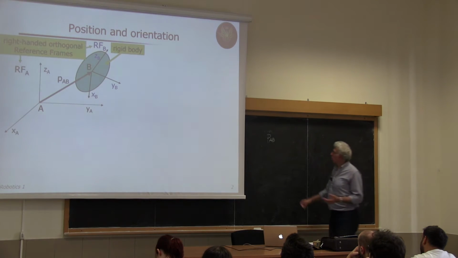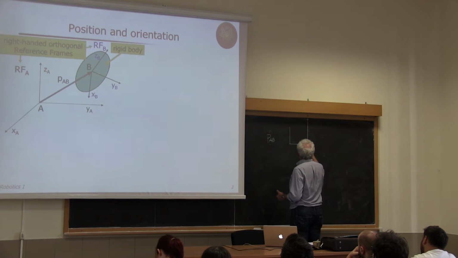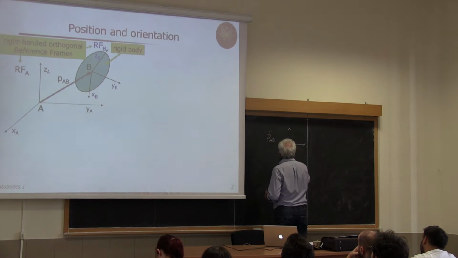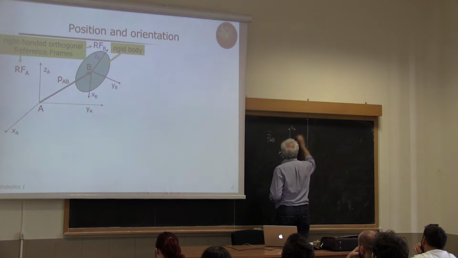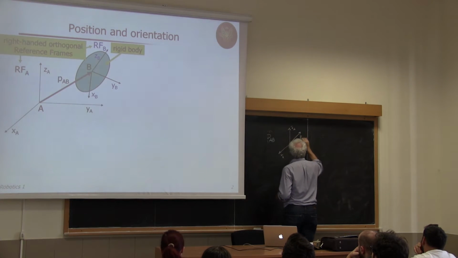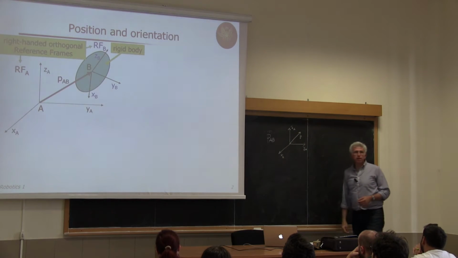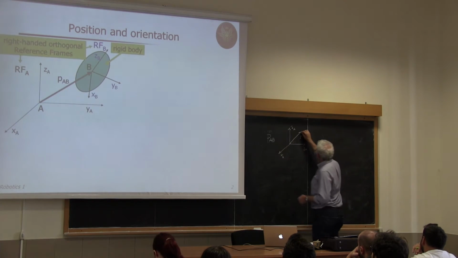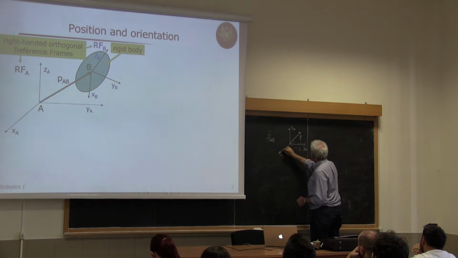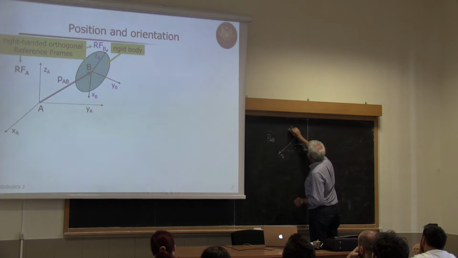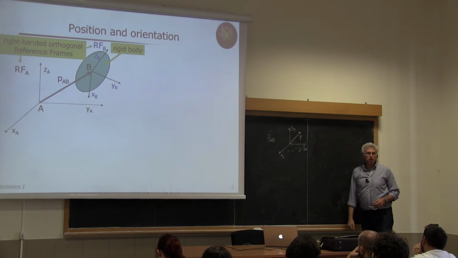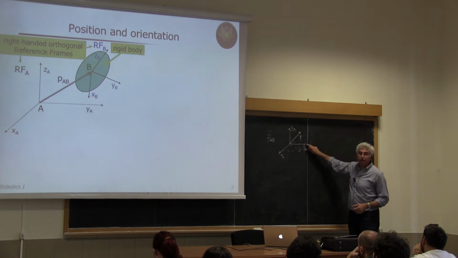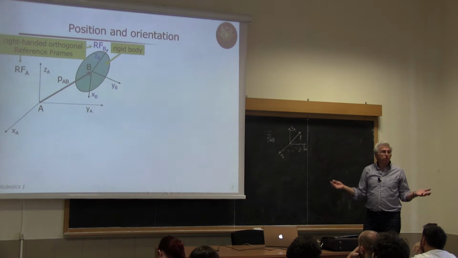So the most natural one would be you have this XA, YA, ZA, and you have your vector P, in particular PAB now. So you project this on the plane, and you will have a coordinate Z, a coordinate X, and a coordinate Y here. Okay? So these are Cartesian coordinates.